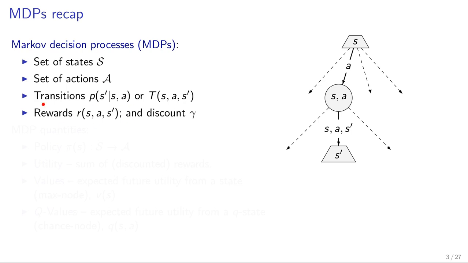For those transitions, I'm getting intermediate rewards as I go, which may also be discounted. This is the relation to the expectimax tree. This would be a max node, where you're choosing the action, and this would correspond to the chance node, where there is the uncertain outcome of the action.